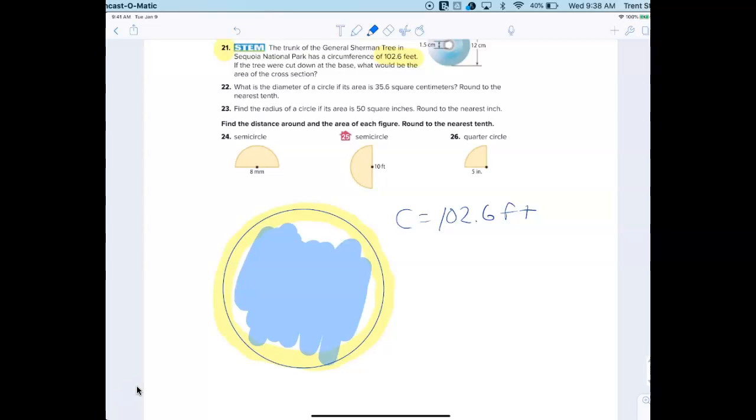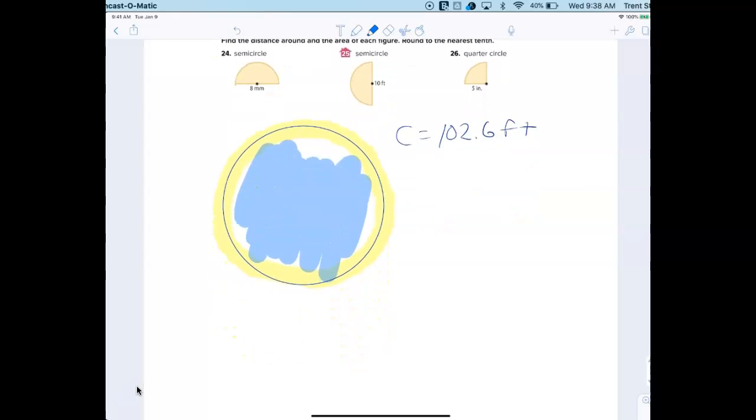Does anybody remember the circumference formula? We wrote it 30 times yesterday. Pi times diameter, yes, pi d. So now we're going to do 102.6 is equal to pi times d. Quickly, tell me what the diameter is. How do we solve that? Division.